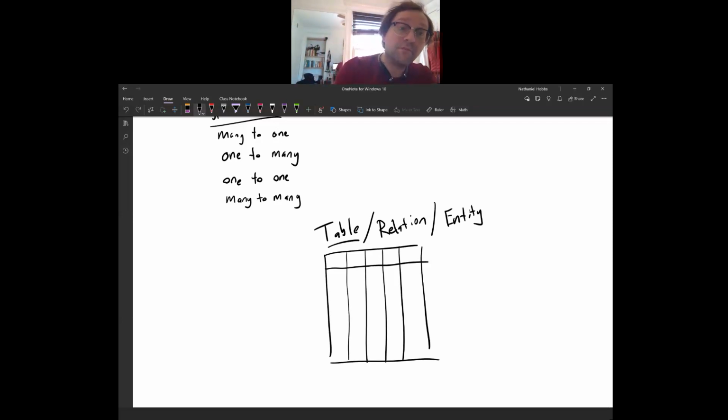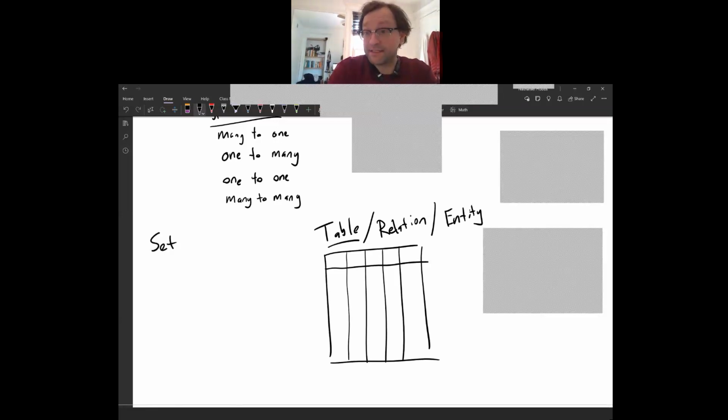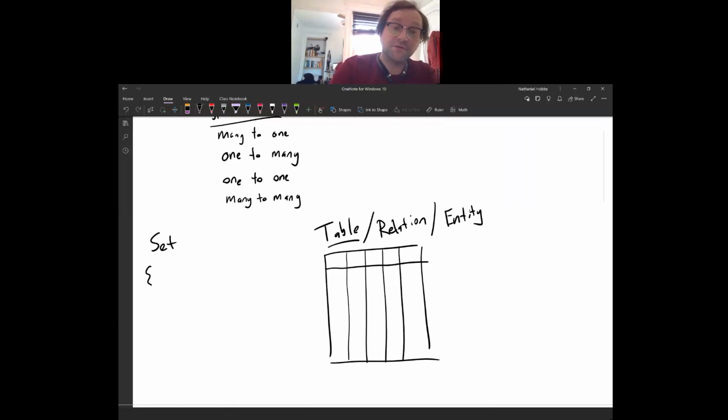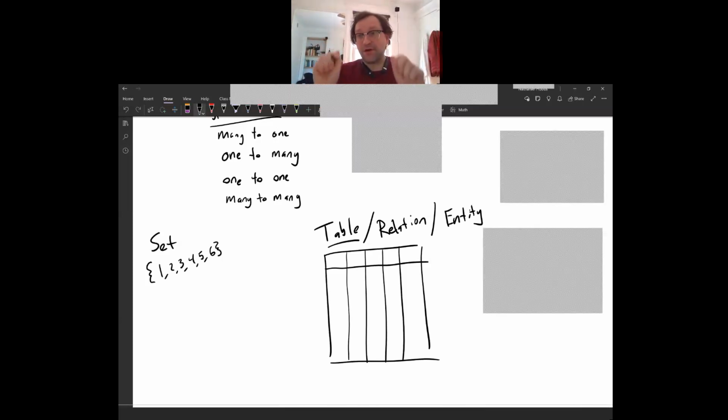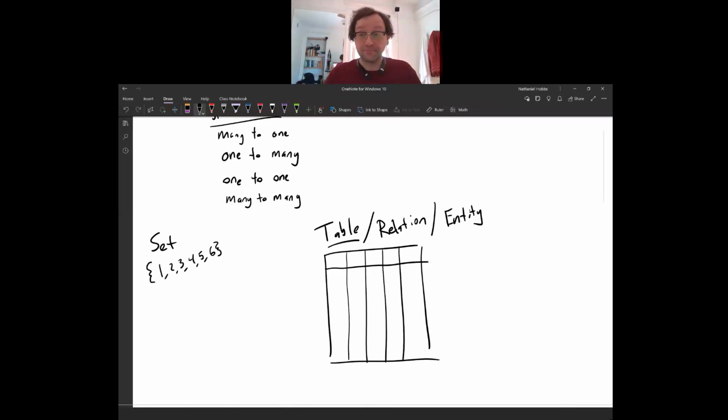The other way is to think about these things as sets, in the math sense, like the set {1, 2, 3, 4, 5, 6}. The squiggly brackets denote a set of numbers, 1 through 6. That could be the set that represents the faces of a die.